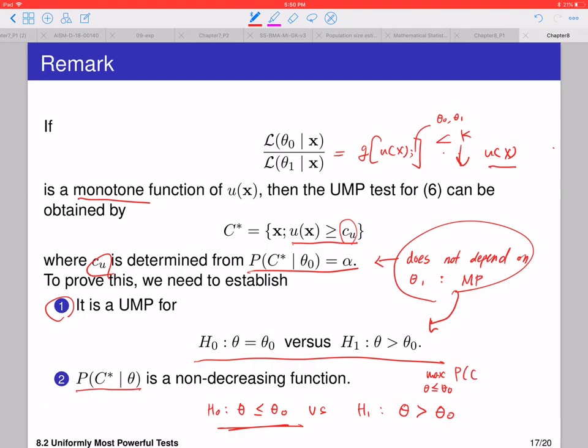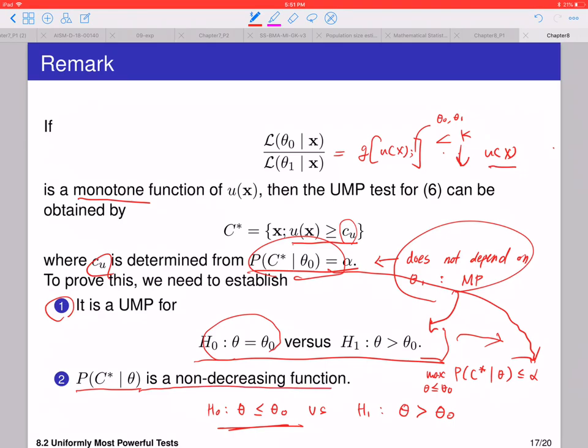So we want to show that this one is level alpha, but from here we know that. So all we have to show is that as long as this is a non-decreasing function, then this condition will be satisfied.